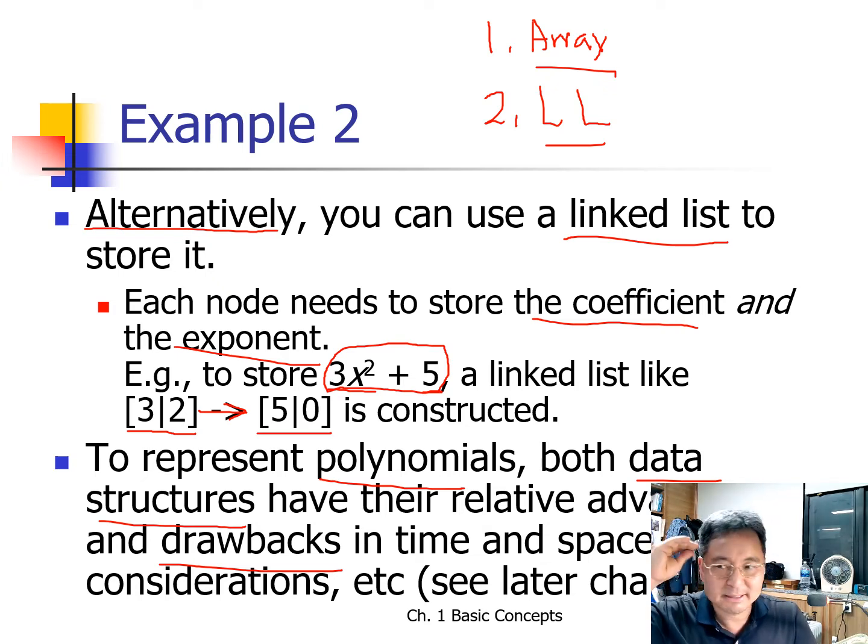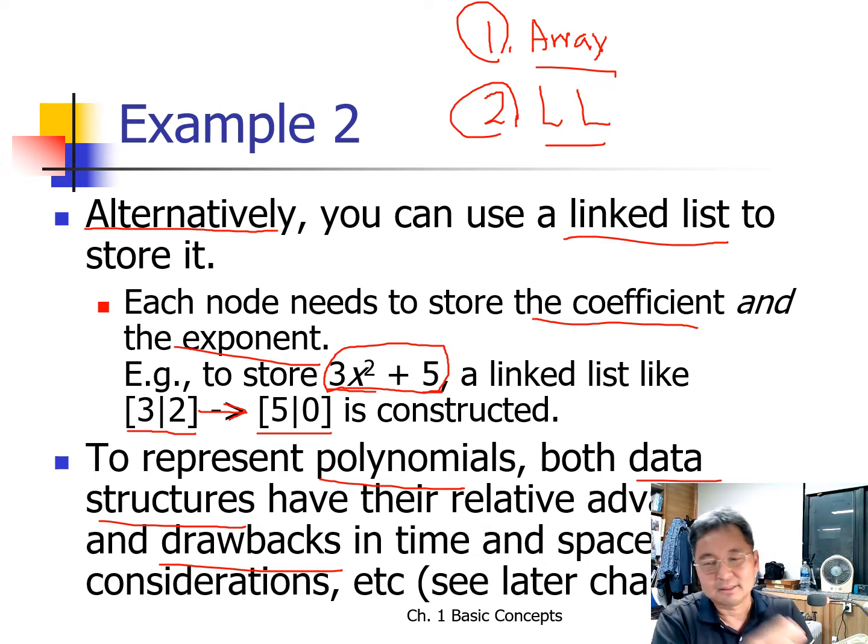Each data structure has advantages and disadvantages. So we must consider some criteria to determine which design is the better one: first one or second one, array or linked list. We must decide the better data structure design. The criteria to make a decision used here are time and space considerations.